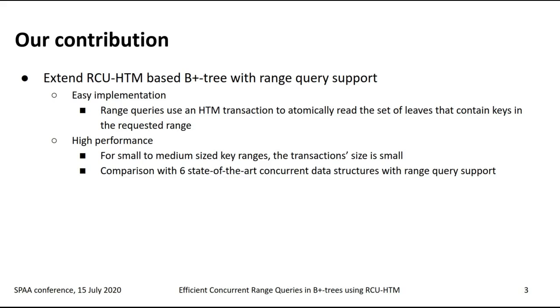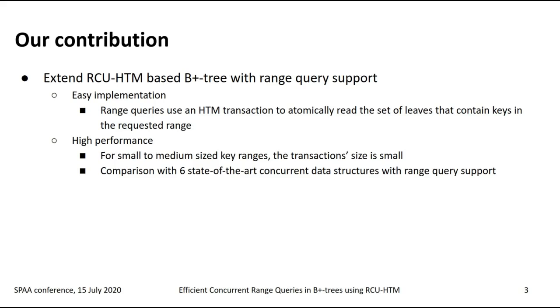In our work, we extend an RCU-HTM based B+ tree with range query support. Our range query operation has an easy implementation. It uses a single HTM transaction to atomically read the set of leaves that contain keys in the requested range.